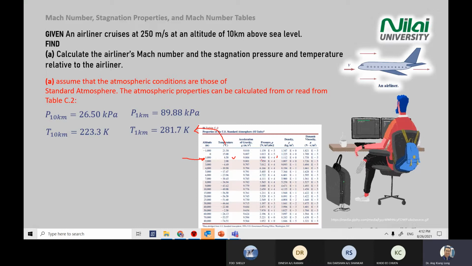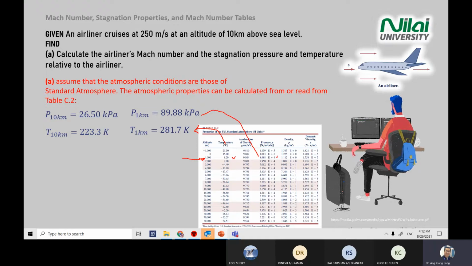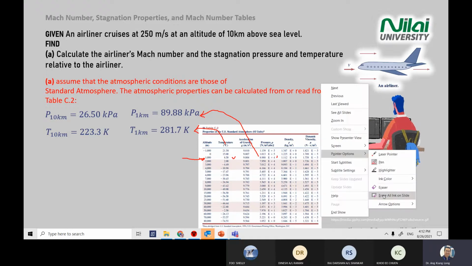Pressure is 8.988 E plus 4, which is 10 power 4. Then you'll get 89880 Pascal, or you can write in kilopascal, right? So these two numbers give you this one. Okay, then the rest is just mathematics substitution.